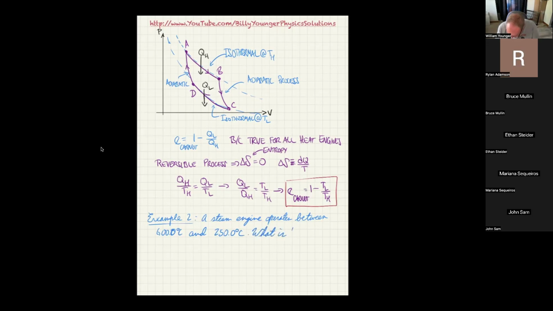What is the maximum possible efficiency?